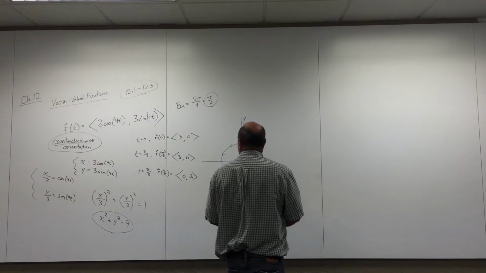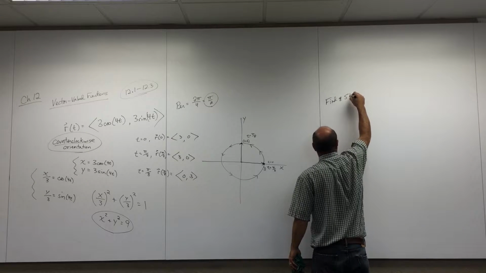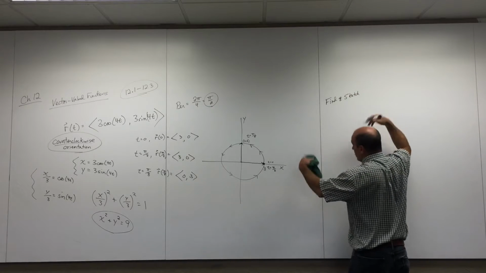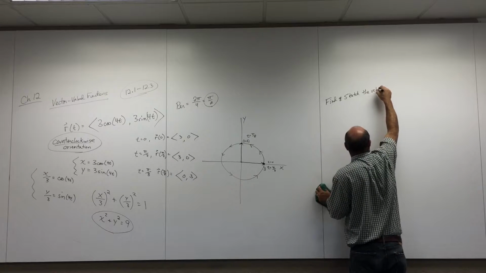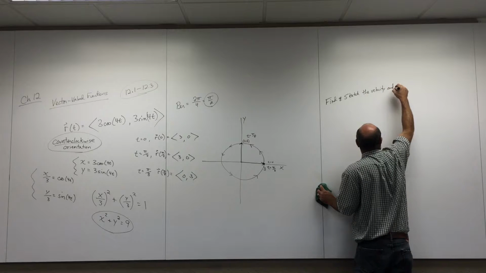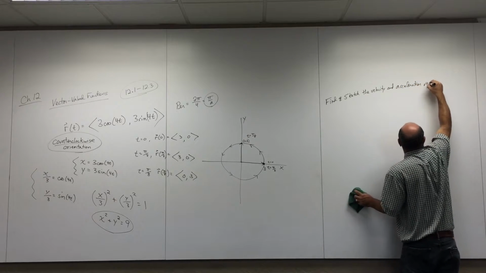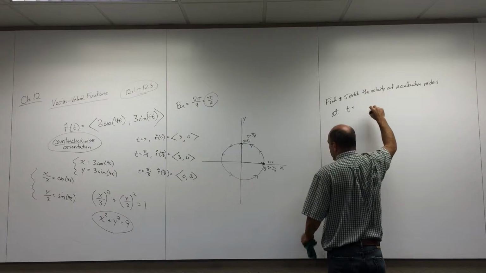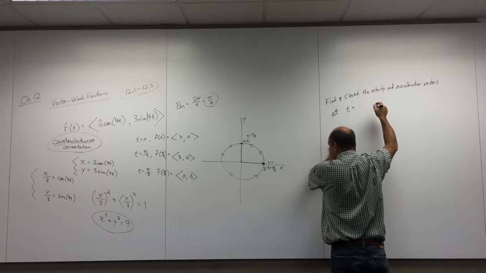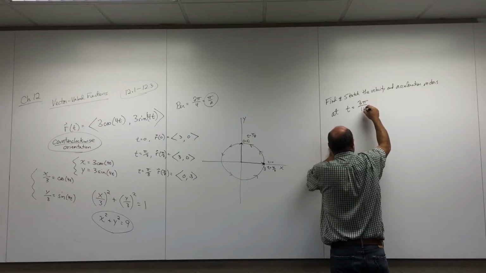Let's do this, please. Here's what I want to do. I want to find and sketch, and this is a typical test or quiz question right off the bat, the velocity and acceleration vectors at t equals 3 pi over 16.